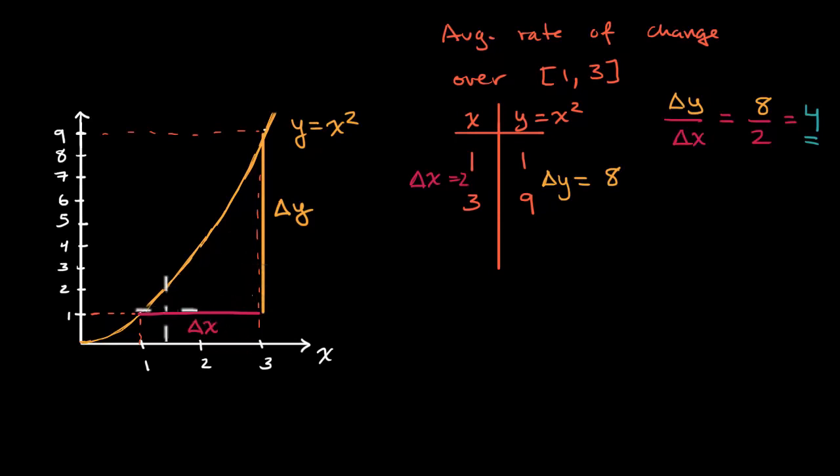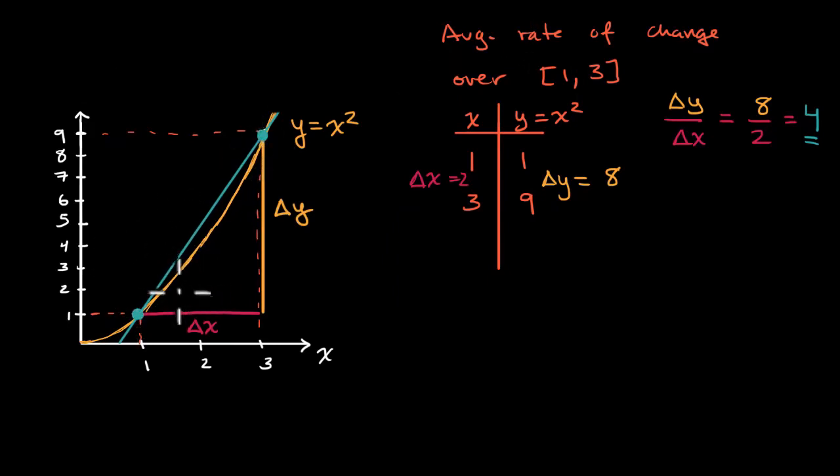If you were to draw a secant line between these 2 points, we essentially just calculated the slope of that secant line. And so the average rate of change between 2 points, that is the same thing as the slope of the secant line.